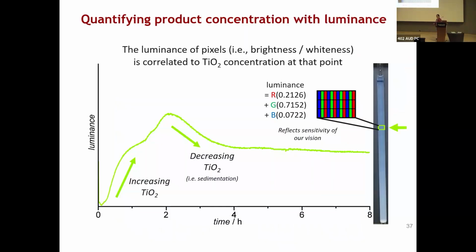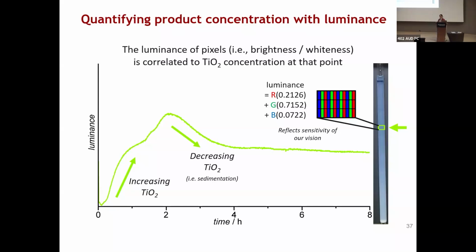And of course, we have these images, and images are just another form of data, and each pixel has certain RGB values. So we can take those RGB values and transform them to something like luminance, which is just how bright it is, and then we can plot luminance of those pixels throughout the reaction. So we can see we're forming TiO2, increasing concentration, and then as concentration decreases, we can see those pixels get less bright.